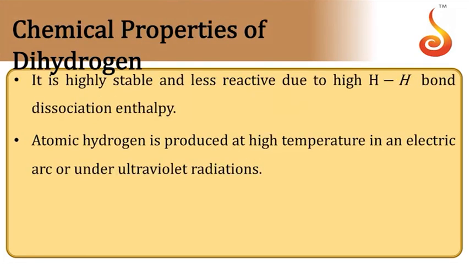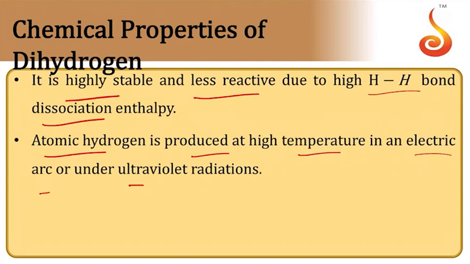Then coming to properties, it is highly stable because of the strong bond in it, and less reactive due to the high H-H bond dissociation enthalpy. Atomic hydrogen is produced at high temperature in an electric arc or under ultraviolet radiation.